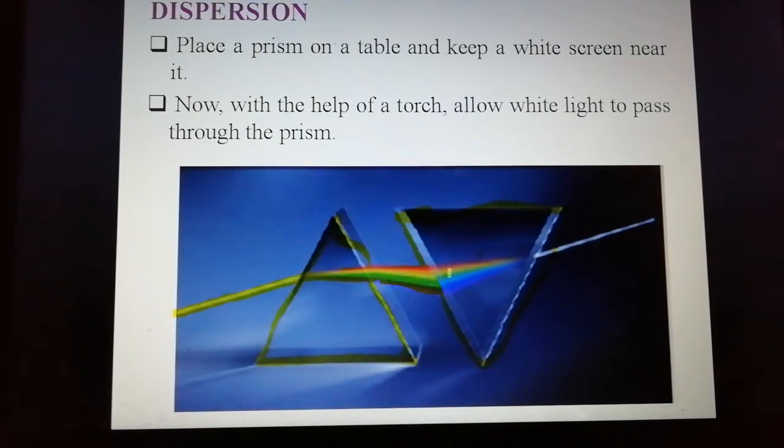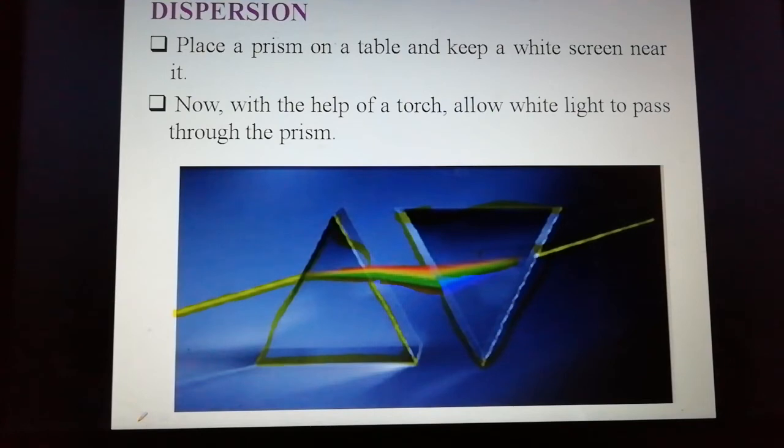The second prism recombines the 7 different colors into a single white light. So the 7 colors pass through the inverted prism and are recombined to give a single white light on the other side.